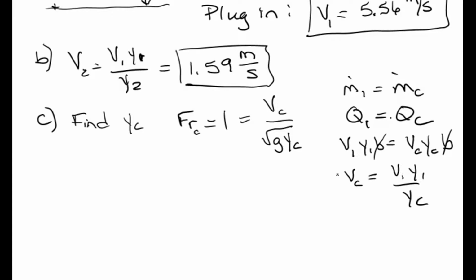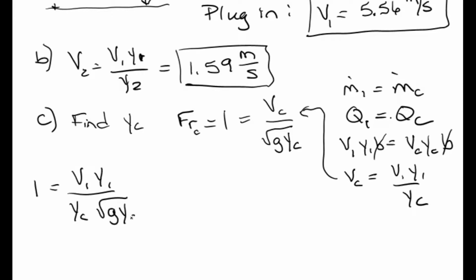And this can then be plugged in up here. When we do that, we'll have an equation with just YC in it. So 1 is equal to V1 Y1 over Y critical square root of G Y critical. And believe it or not, I can solve this using regular algebra. You could use your solver, but you don't need to.